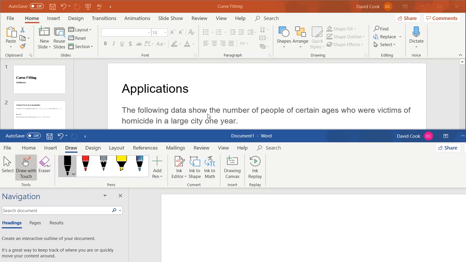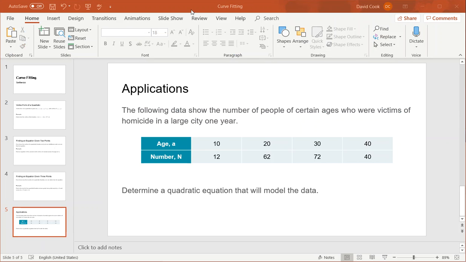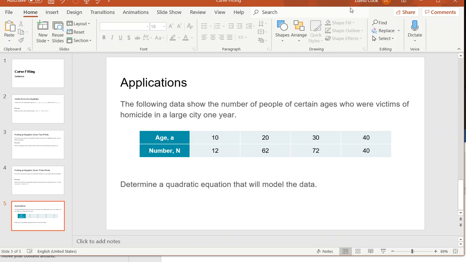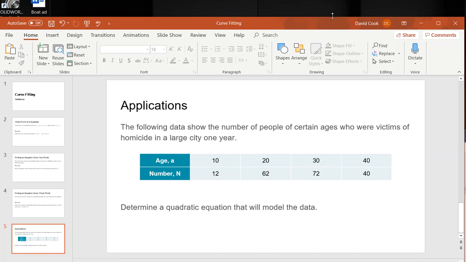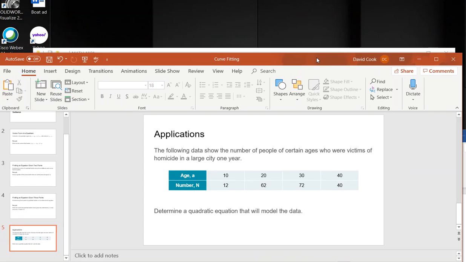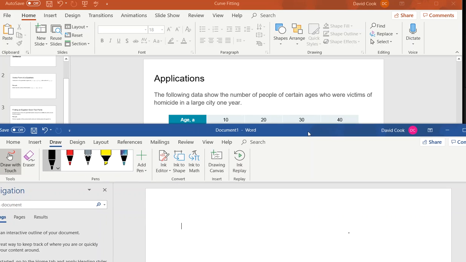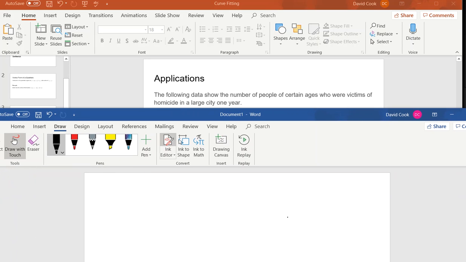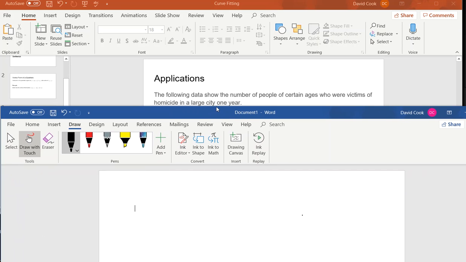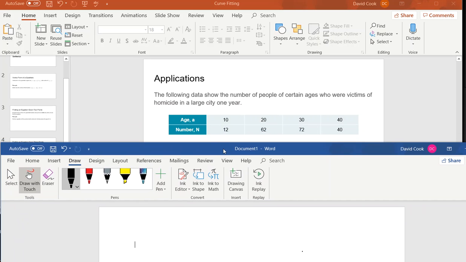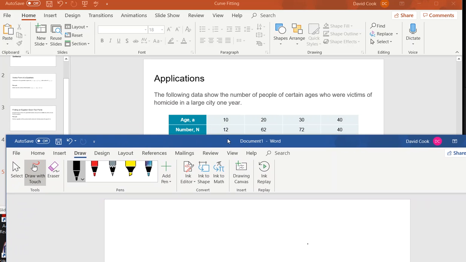Let me resize the table just a little bit so that I can put the table on the screen and the whiteboard, because I'm going to need it for a little bit here. Okay, so are we ready?